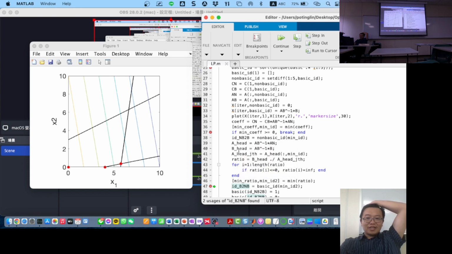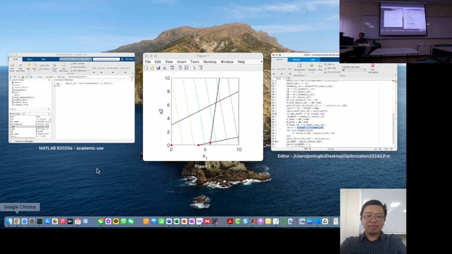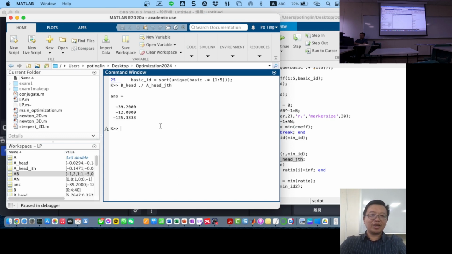A hat, J column, ID second. A hat, B hat. What are they? Because the result is all negative. Really? Yes, because A all negative and B all positive, so it will be negative.